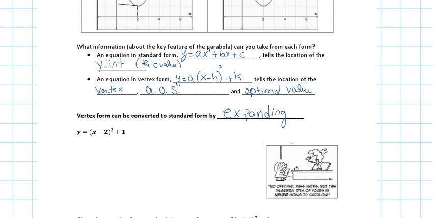If you're going to expand y equals (x minus 2) squared plus 1, how would you expand this if I didn't tell you? What would you do?